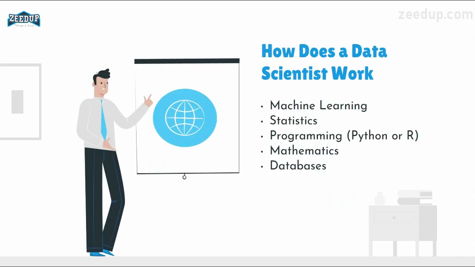In this video, we are going to learn about the process of how a data scientist works. Data science, as we have understood, is a procedure or a job in which the data is analyzed. It is taken into account to predict some patterns, to answer some questions, or to solve some problems.